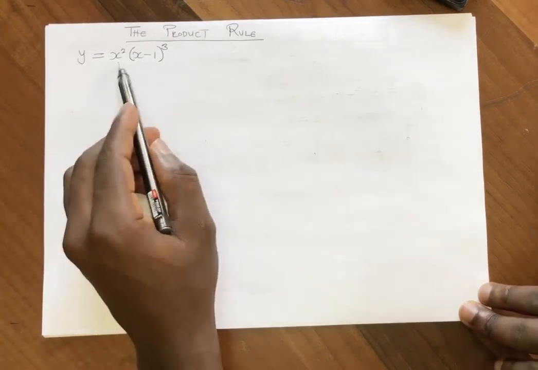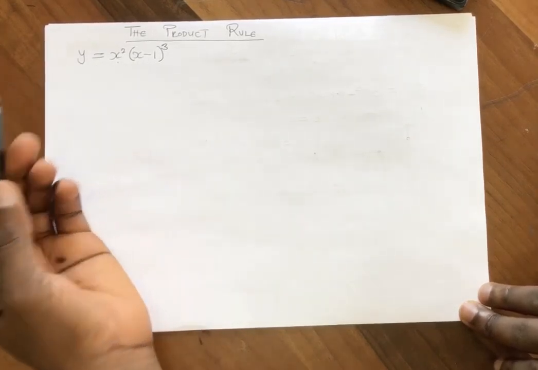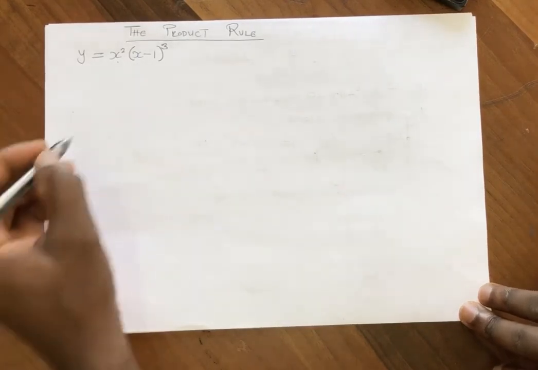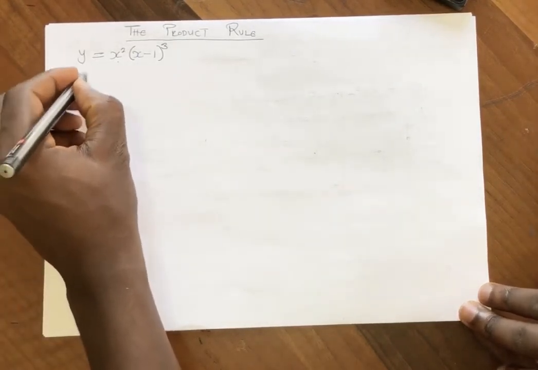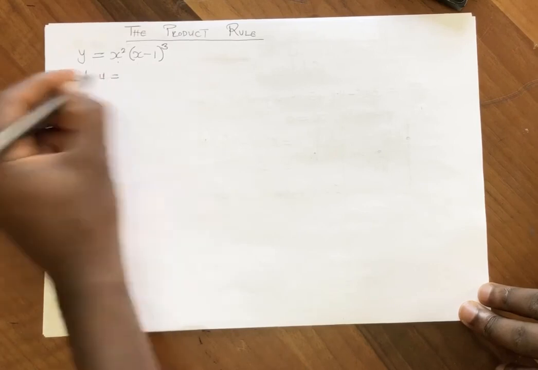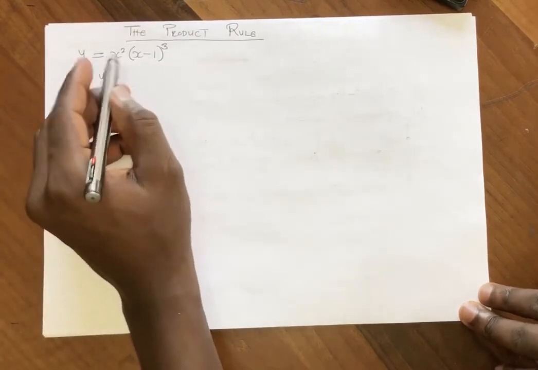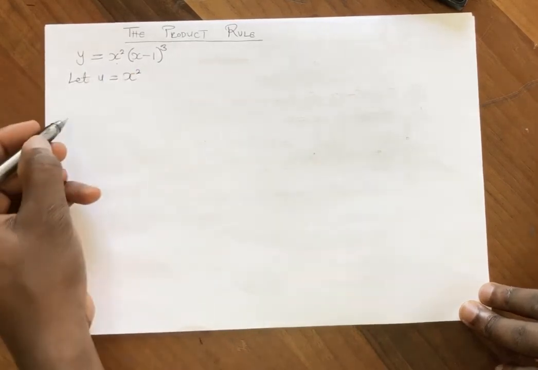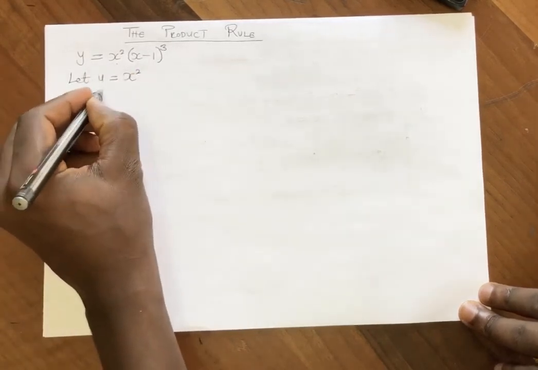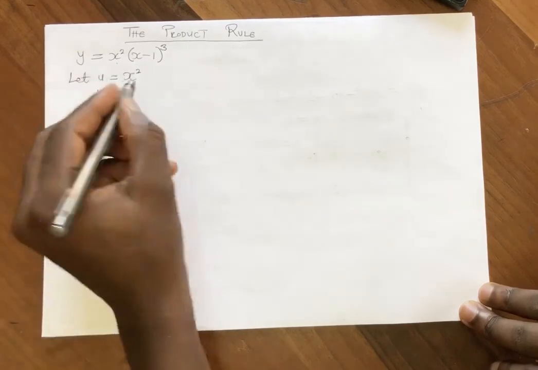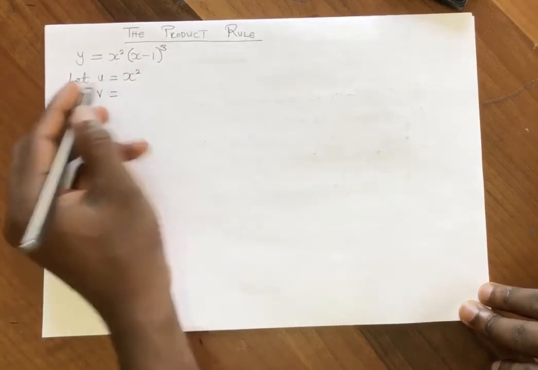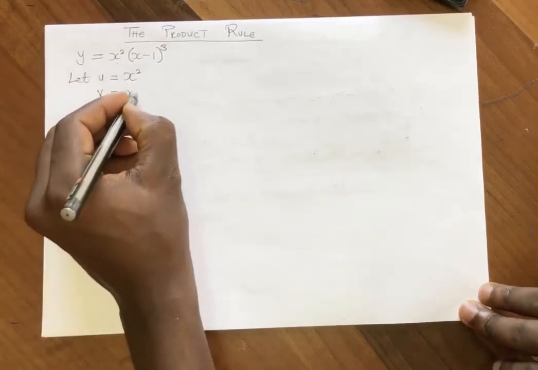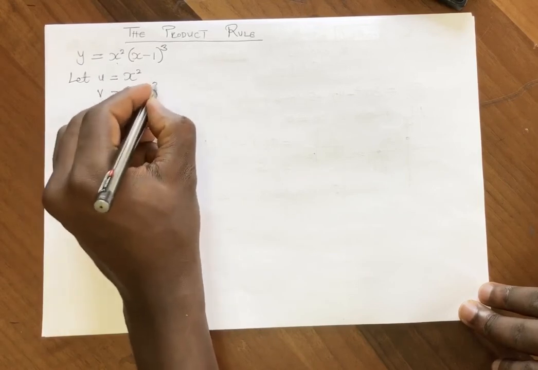So these two functions, we would denote them by different variables. So let u be equal to the first function, which is x squared. Then v should be equal to the second function, and that is x minus 1 raised to the power 3.